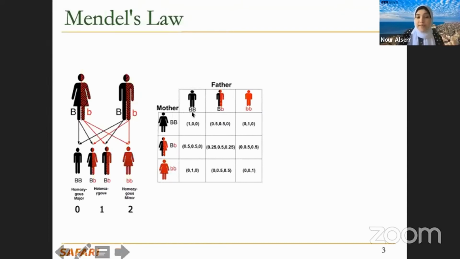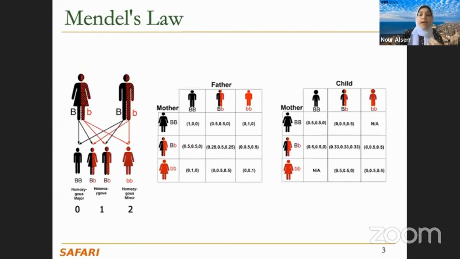Mendel's laws show the probability of having these values. Let's pick an example. Here, if the father has the value 1, or heterozygous, and the mother, for example, has the value of 0, which is homozygous major, then the probability of having 0 will be 50%, and the probability of having 1 will also be 50%.